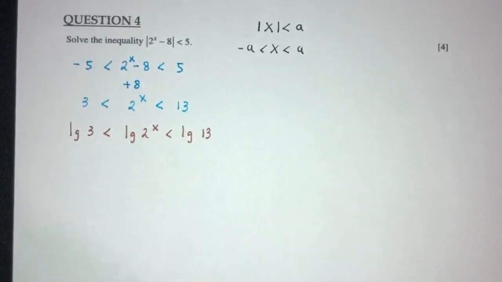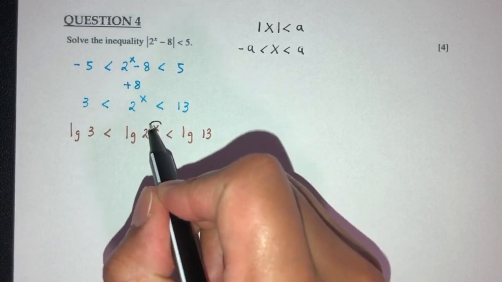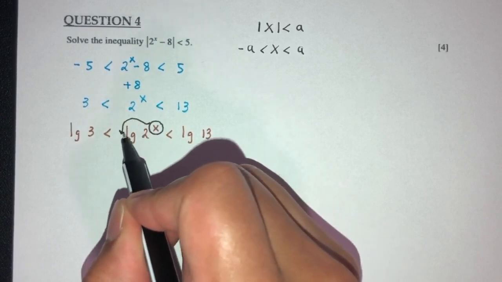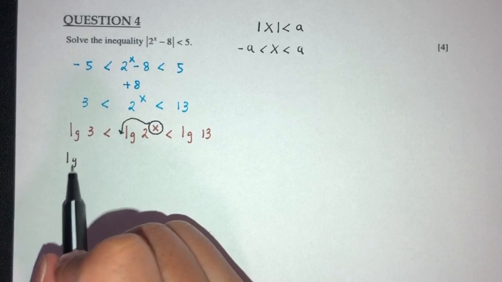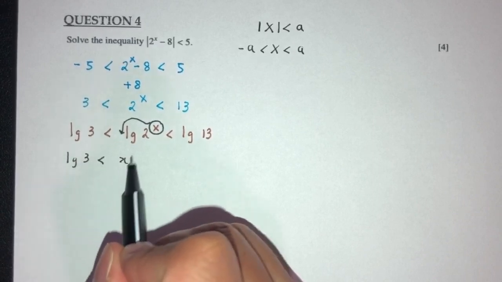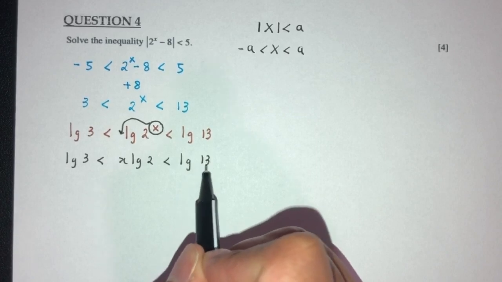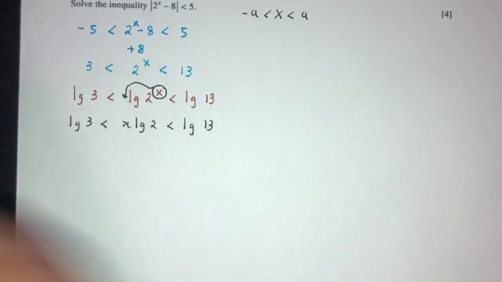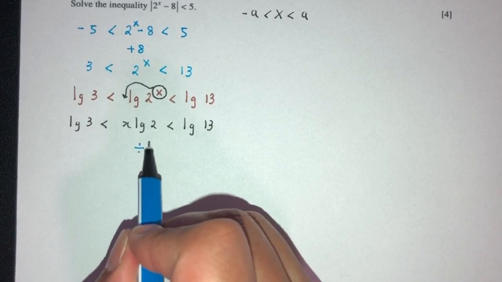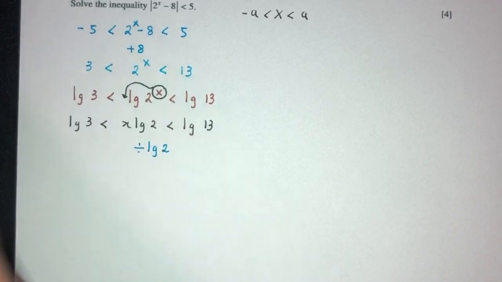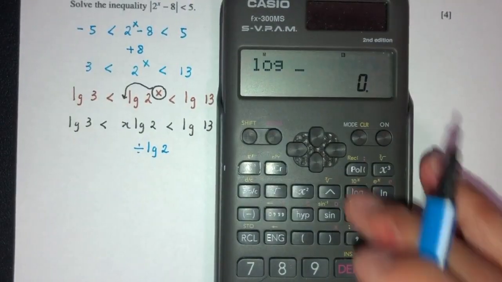Great. Now we have to bring this down by the laws of log. You will have log of 3, x log of 2, log of 13. Now to make x the subject, we have to divide by log of 2 everywhere. Let's check. Is log of 2 negative?